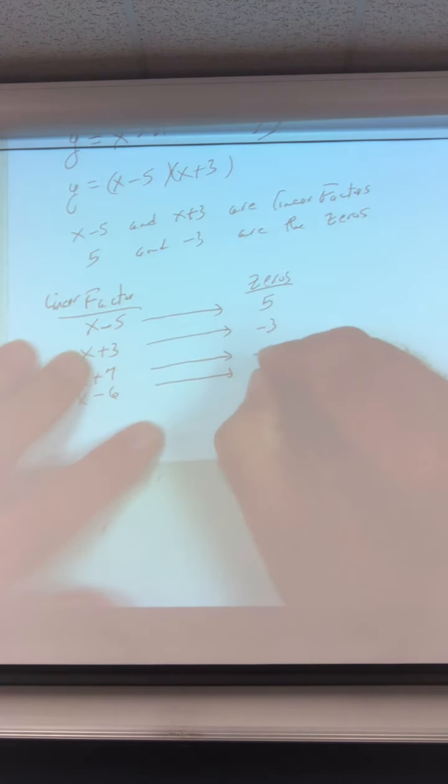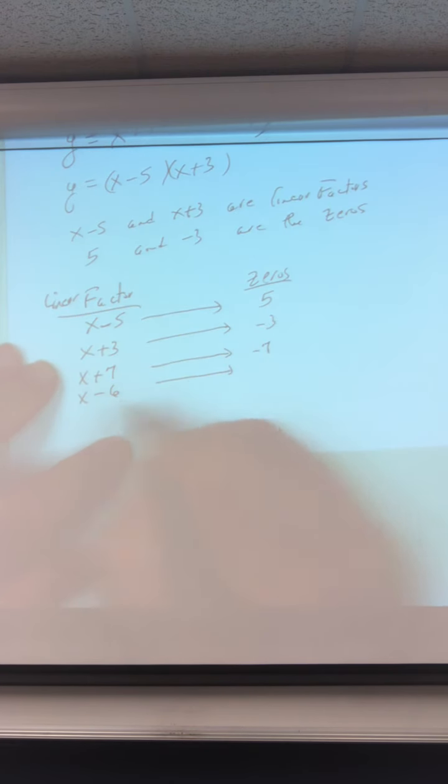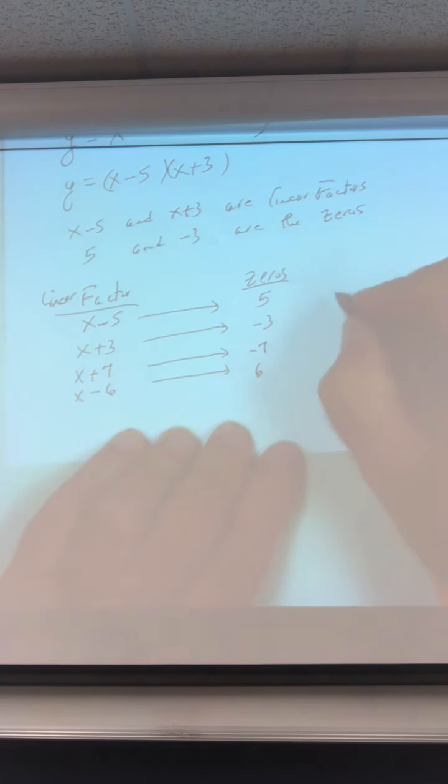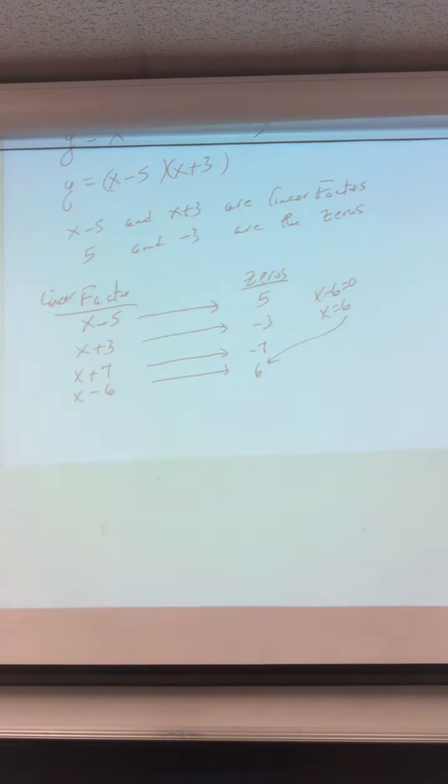Hopefully you put negative 7. If x minus 6 is a linear factor, 6 is a 0. Now let me show you again where that comes from. And I know you can do this in your head. All you're doing is taking x minus 6, setting it equal to 0, and when you do, you get 6. That's where that comes from.